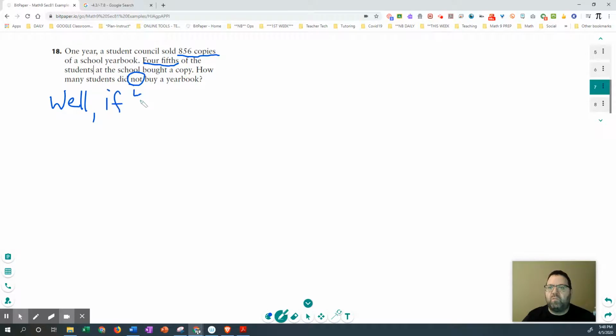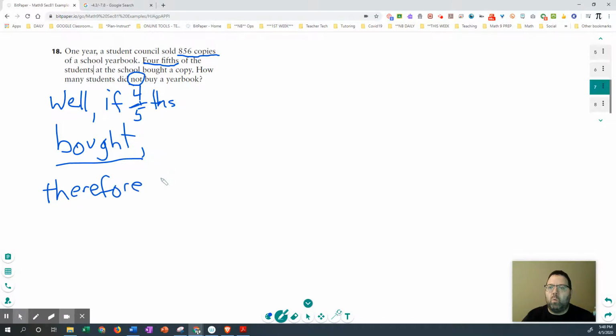If 4/5 bought, doesn't it follow that therefore 1/5, that's the missing fifth from here. If 4/5 bought, doesn't it really make sense to say therefore 1/5 of the students?